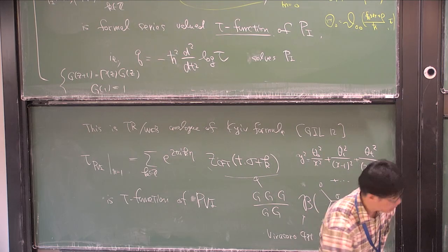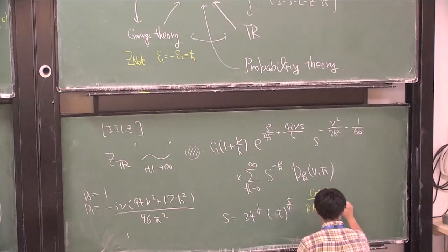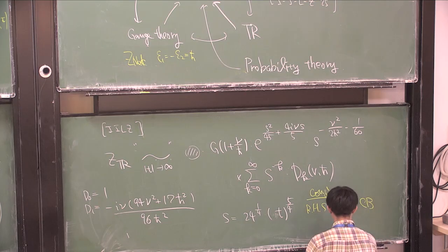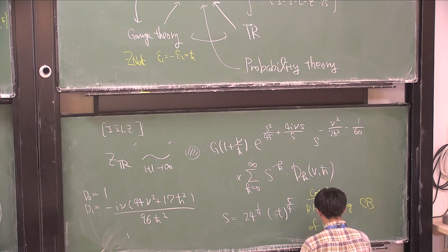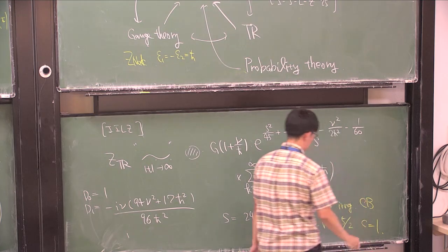And the claim, the conjecture, is that the right hand side is the irregular conformal block of rank 3 over 2. Once again, central charge equal to 1.